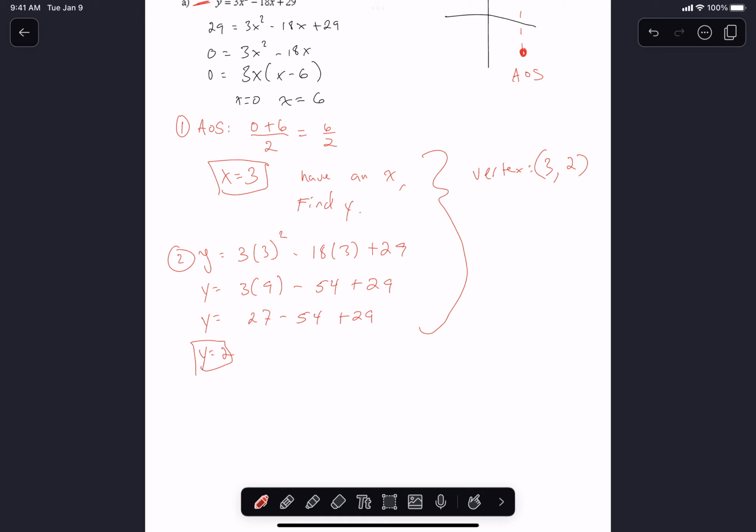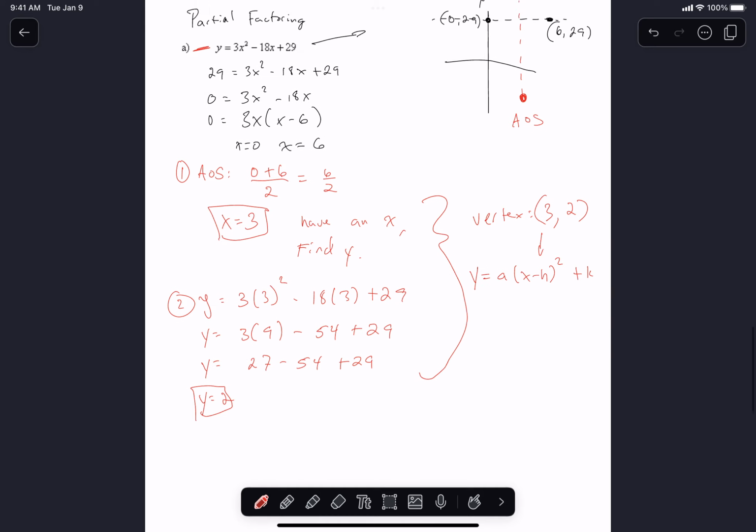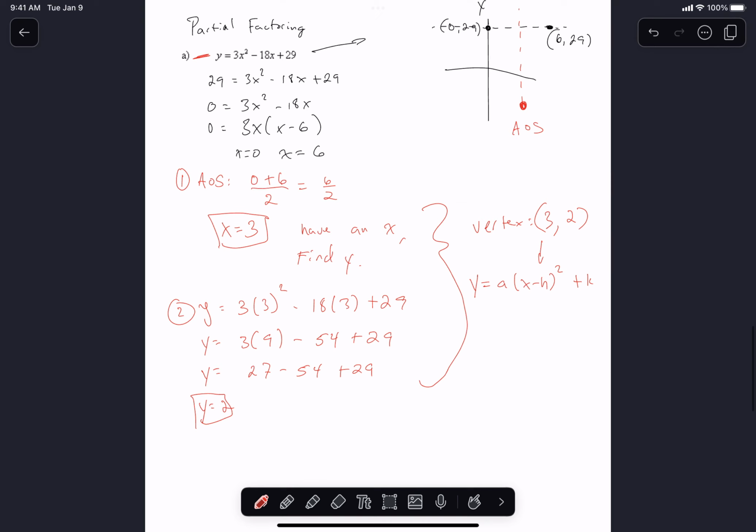Okay. And now that I found out the vertex, I can write out my vertex form, right? Remember, we're going to write it as a times x minus h squared plus k. The a value for quadratics can't change. Just because you switched it from form to form, the a value doesn't just magically change, otherwise it'd be a different graph. So the original a value was 3, that was right here, right?